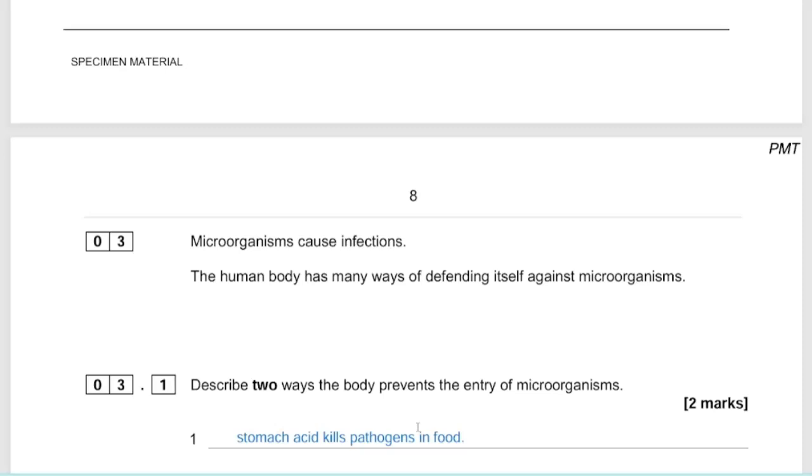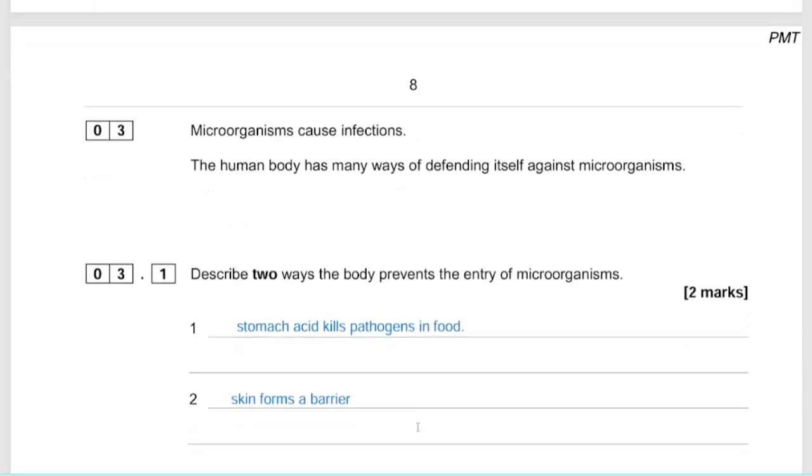However, this obviously isn't 100% effective, as anyone who's ever had food poisoning will tell you. And also the skin forms a barrier, so if you have bacteria on your hands or on your arm, it's not going to be able to get into the skin and infect you. It will only do that if you breathe it in, or if you don't wash your hands and then use your hands to eat food.